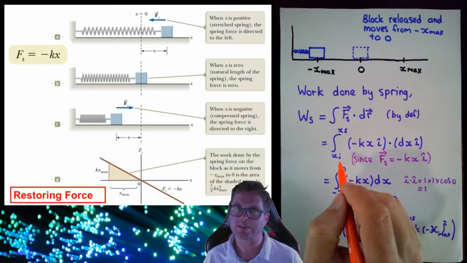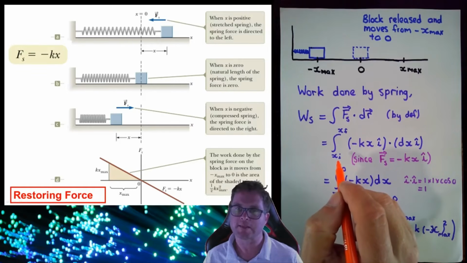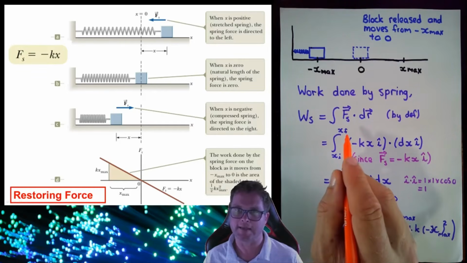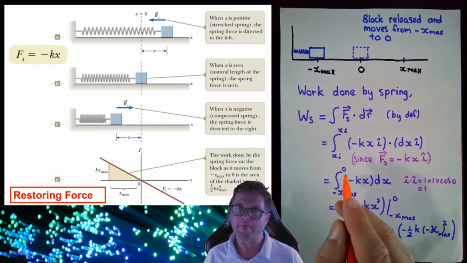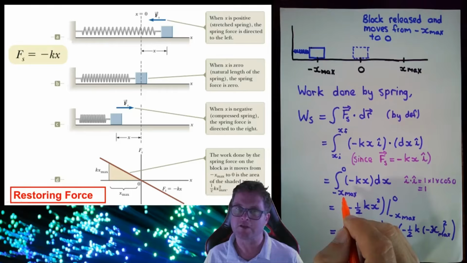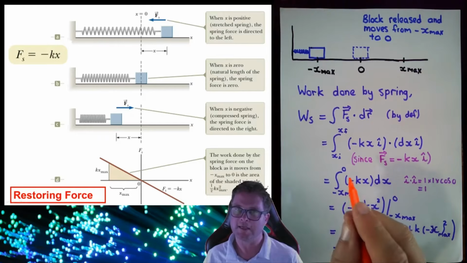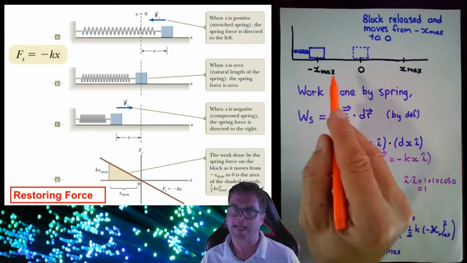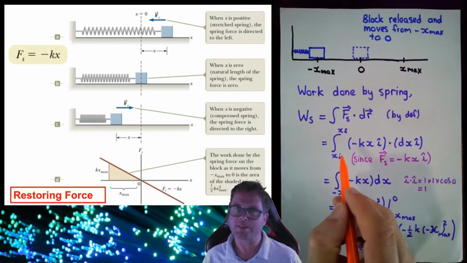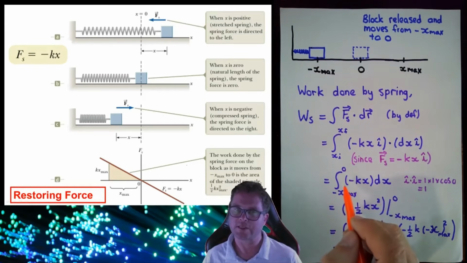We're interested in integrating this between some bounds xi and xf. Of course, we can note that the starting position xi is minus x max, and the final position is 0. So that's where these two numbers come from.